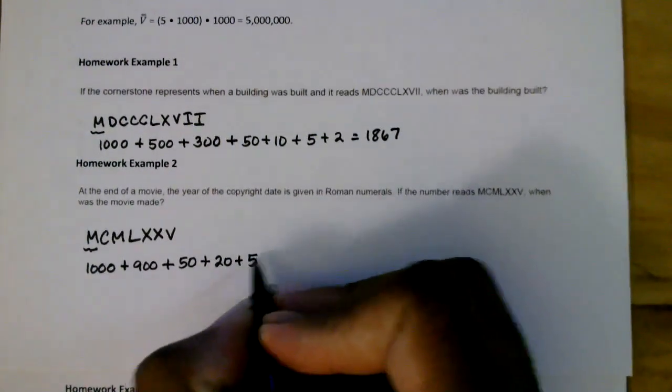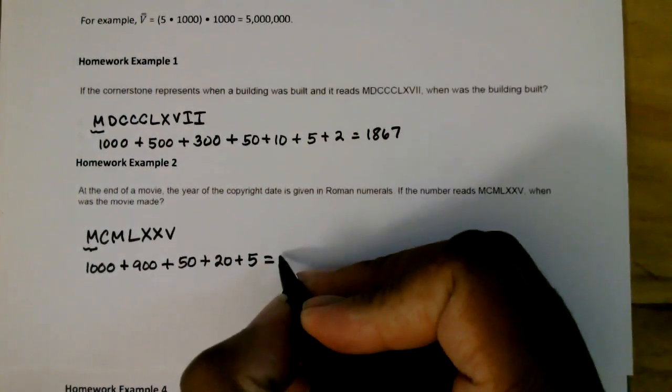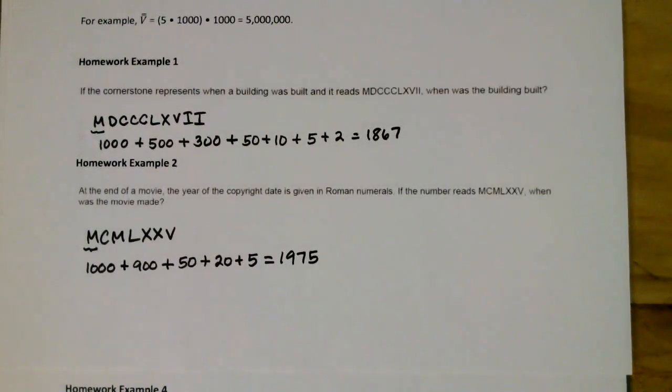And the V is the Roman numeral for 5. So add 1,000 to 900 to 50 and 20 and 5, we'll get 1975. So in this case, that movie was made in 1975.